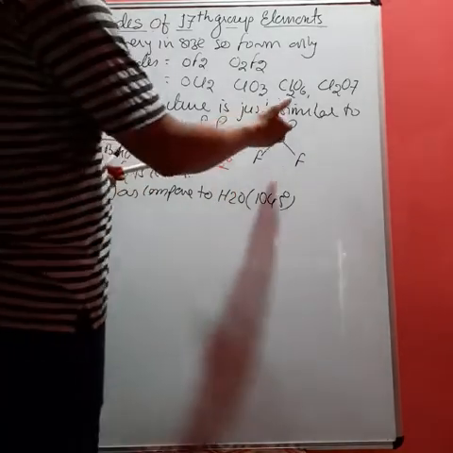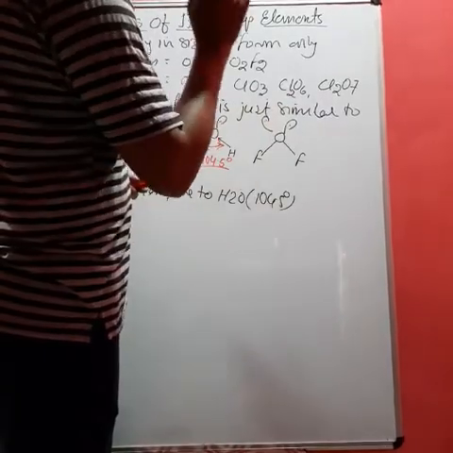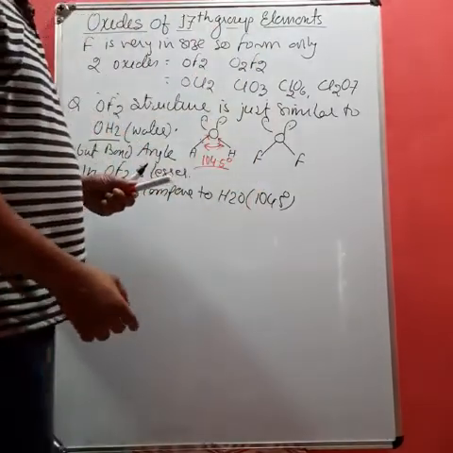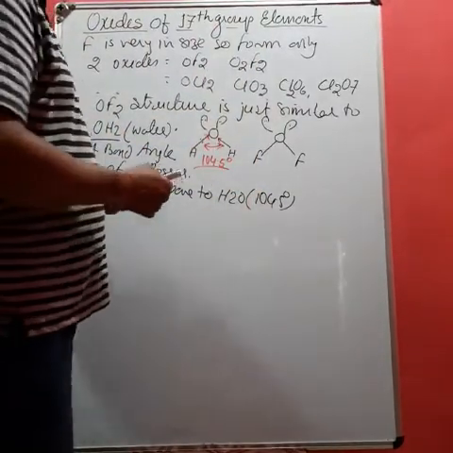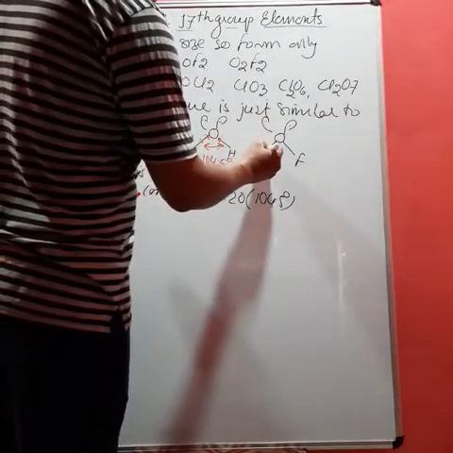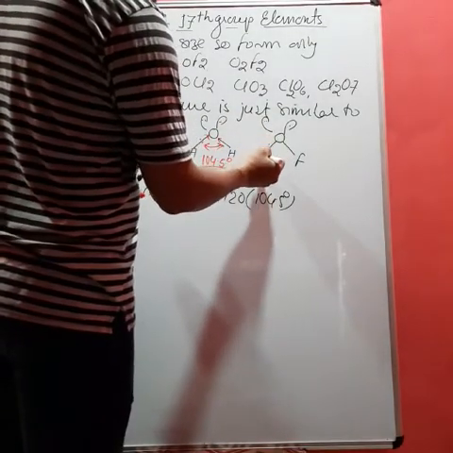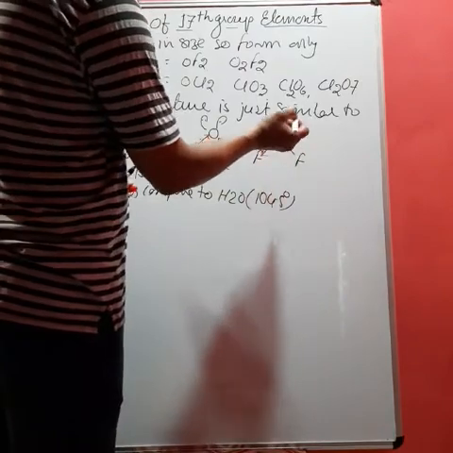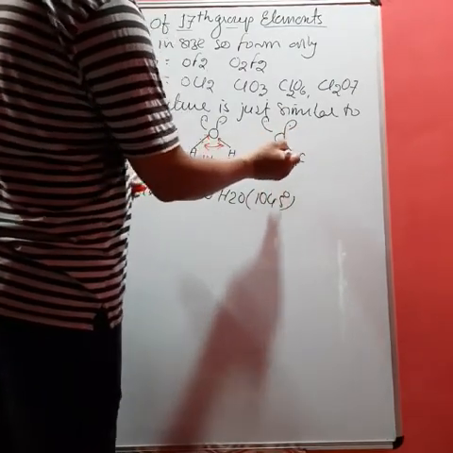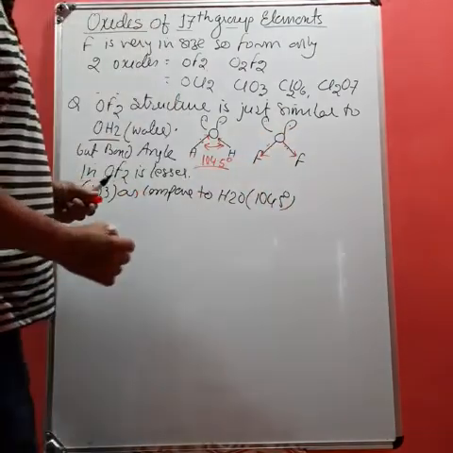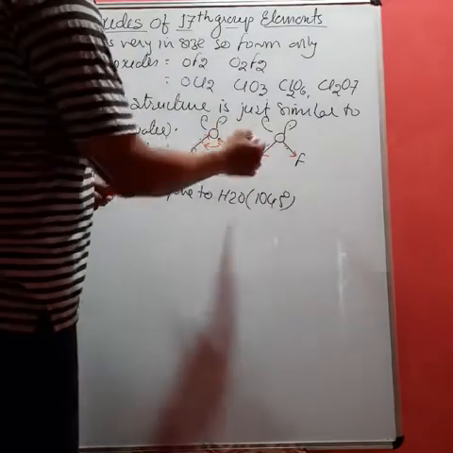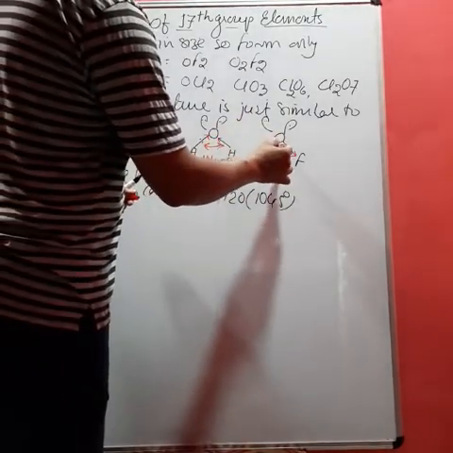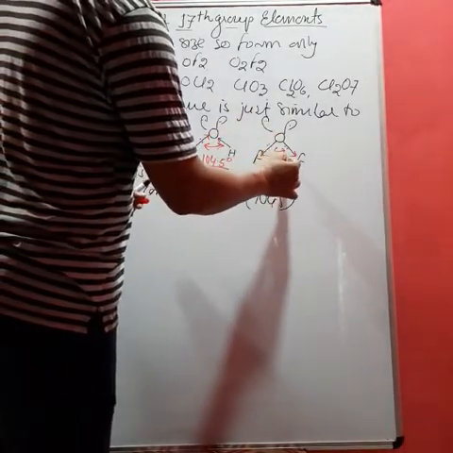But student, in the case of OF2, as I told you earlier, fluorine is the most electronegative element. Thus, the bond pair is getting shifted towards fluorine from the oxygen. That means the opposite effect takes place here. And due to this opposite effect and the higher bond length, the bond repulsion is lesser. Means what?